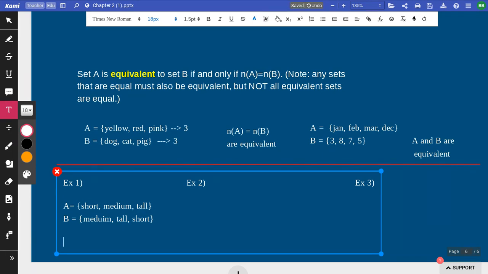Yes, they are equal. And like I just said, if something's equal, it's also equivalent, but it's not vice versa. So this would be equal. And as we know already, if it's equal, it's also equivalent.